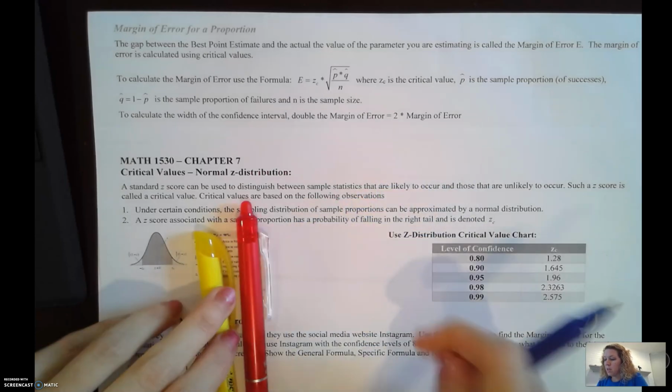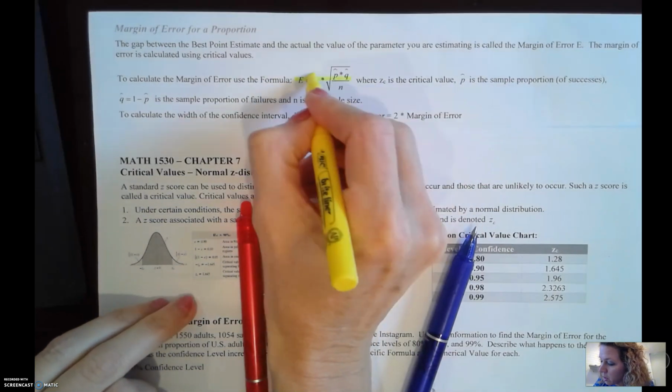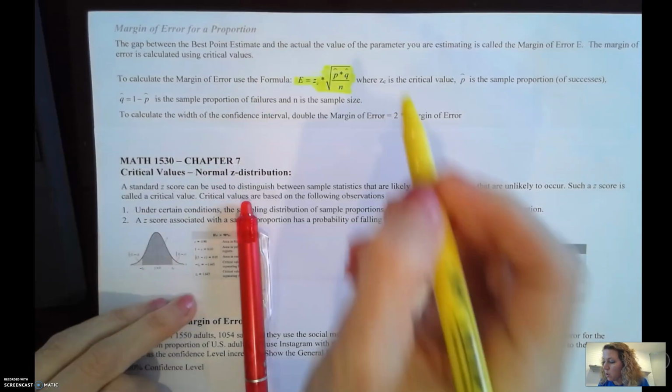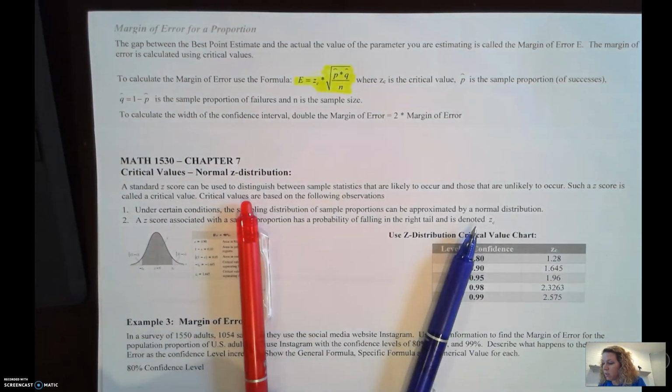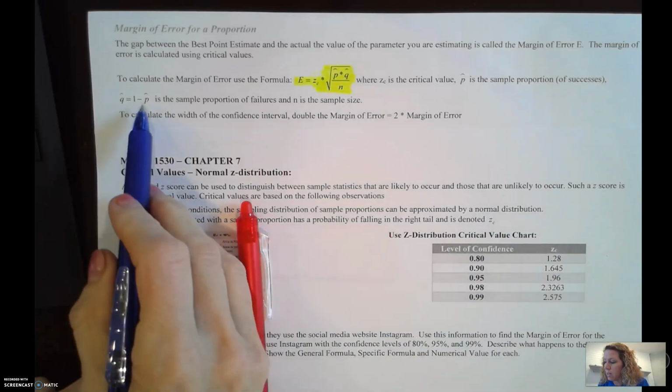E equals the z critical value times the square root of p hat times q hat divided by n, where again z is a critical value, p hat is a sample proportion, and q hat is 1 minus p hat.